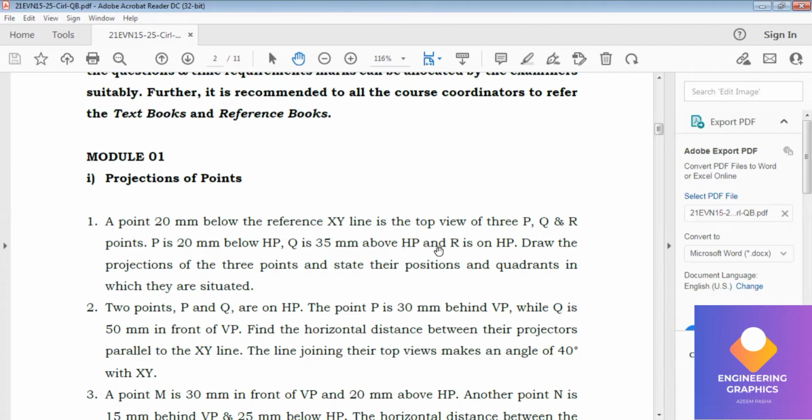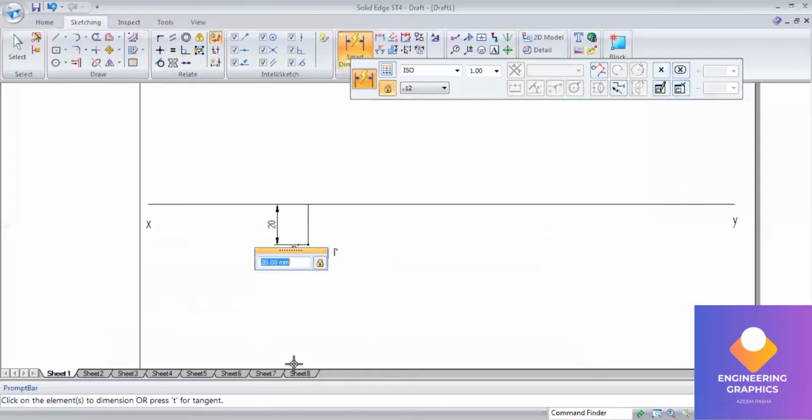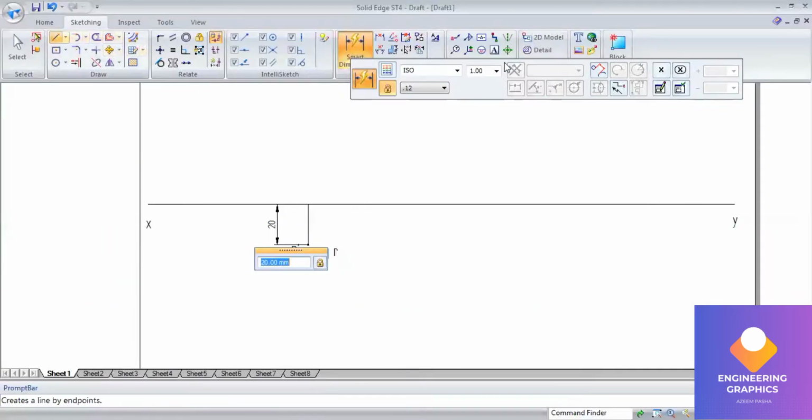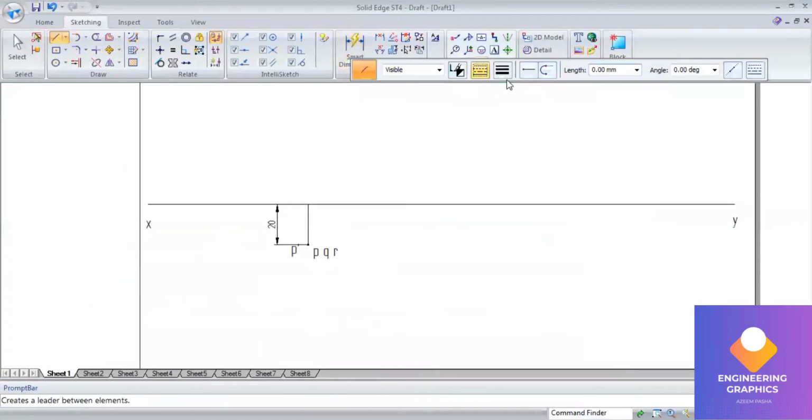Q is 35 mm above HP. So 35 above HP means for the front view there are two conditions. It can be lying in the first and second quadrant. In both the first and second quadrant, the front view lies above the XY line. So above the XY line we should mention 35 mm. Here we should mark a point with a thickness of 2 mm.